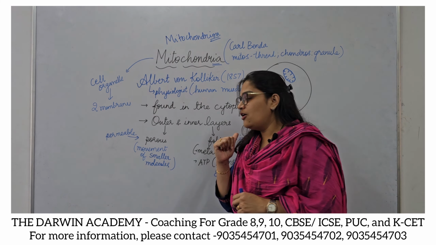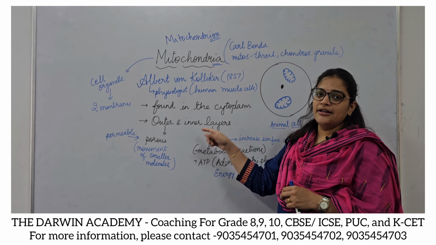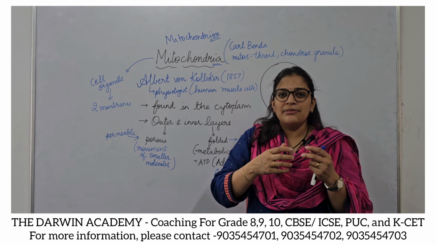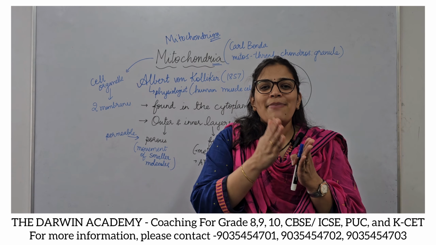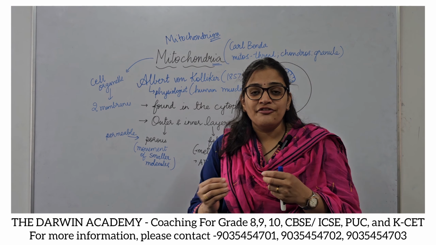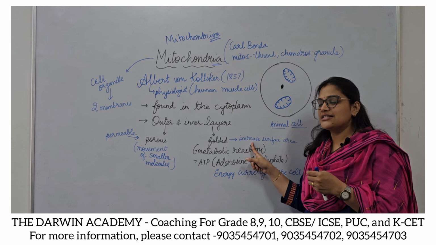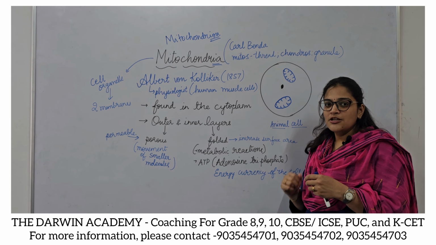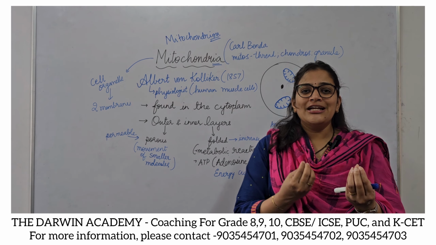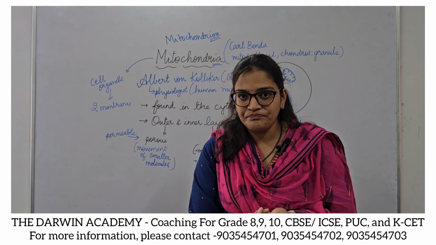Got it? Inner layer is thrown into folds. That means inner layer is packed into folds, many different folds. Why so? To increase the surface area of the inner layer so that more metabolic reactions can happen.